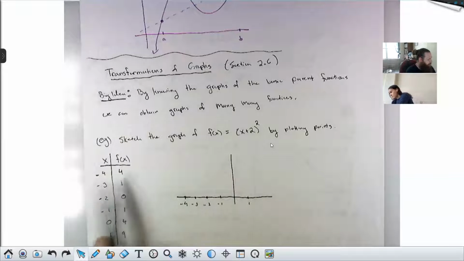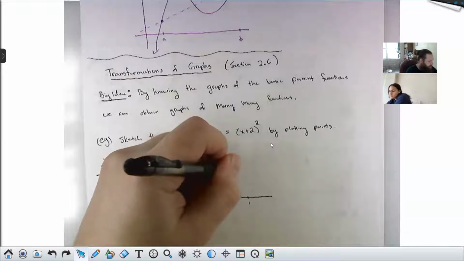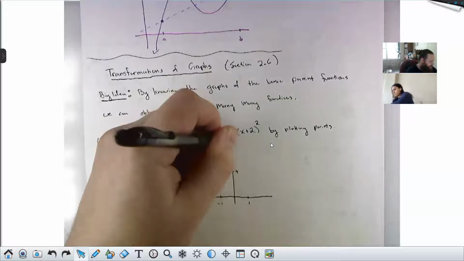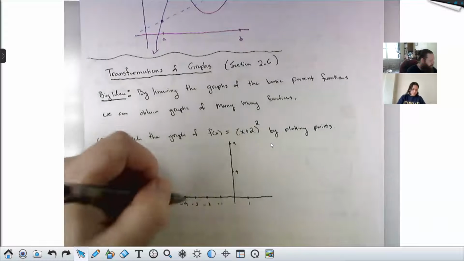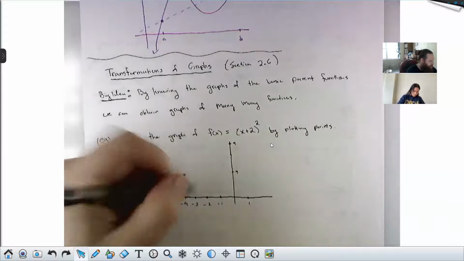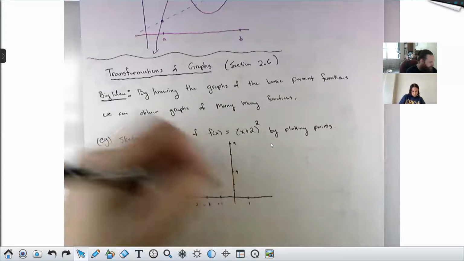we have -4, 4. And I'll mark this as 4 here somewhere. So -4, 4 is right here. -3, 1. That's 4. 1 is here, half.